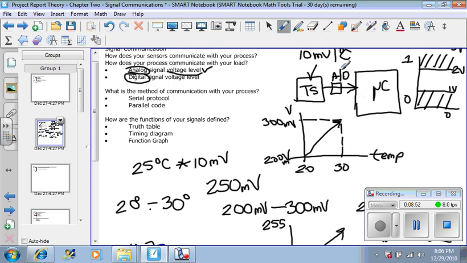However, the analog to digital converter that we're using outputs the information in a serial form before it's saved by the microcontroller as a parallel code. So we have a lot of communication going on between the temperature sensor and the microcontroller.